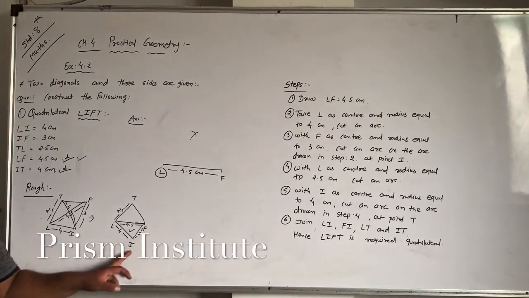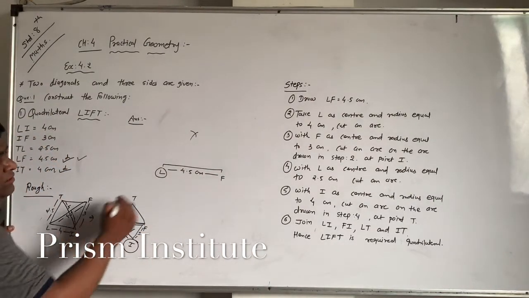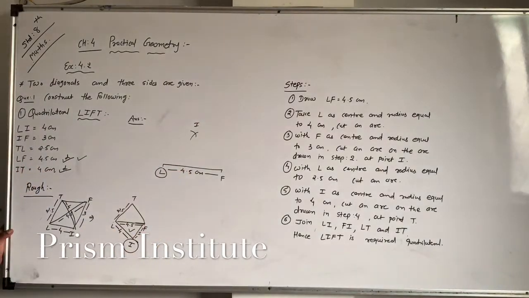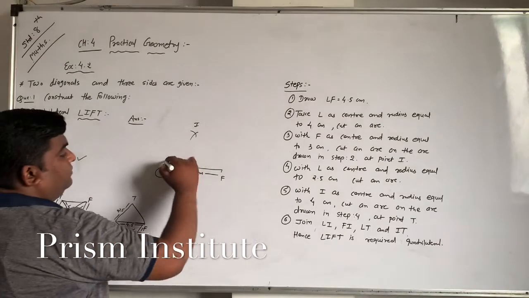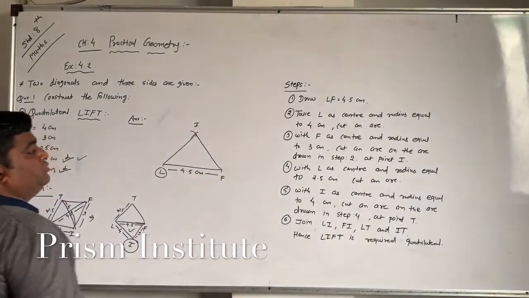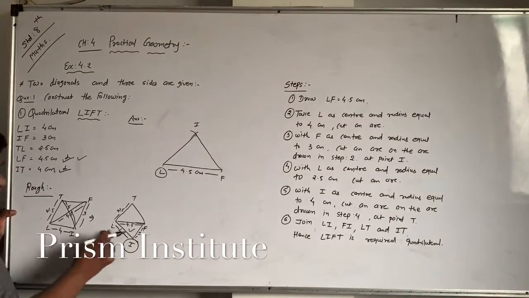Our intersection point is I. So that's your I. Now connect LI and IF. So our triangle is drawn.